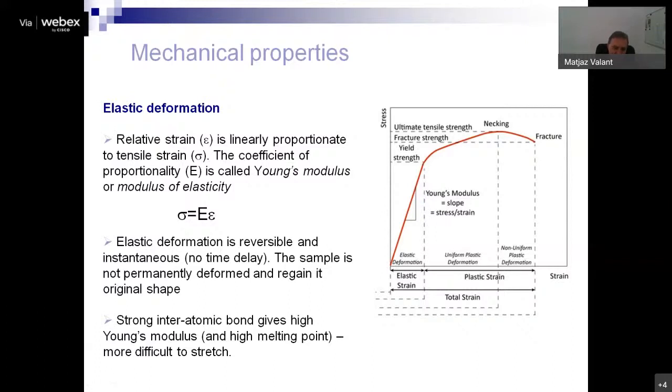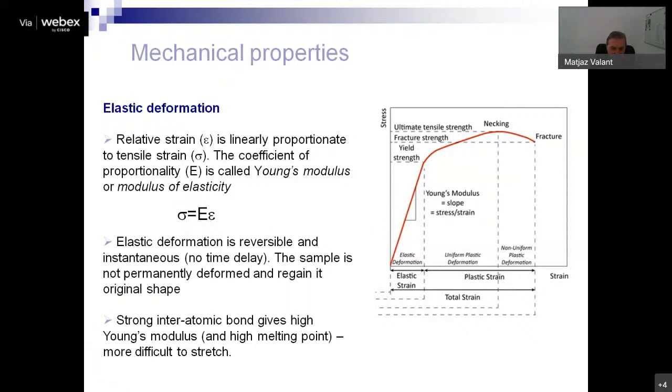Now we can go back to what we have seen yesterday, the potential well and the strength of interatomic bonds. We can easily understand that if the strength of these bonds is high, if the potential well is deep, then the Young's modulus will be high.